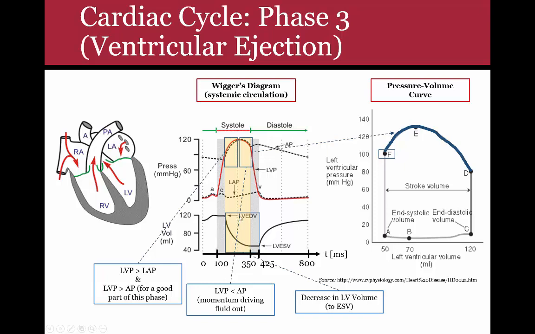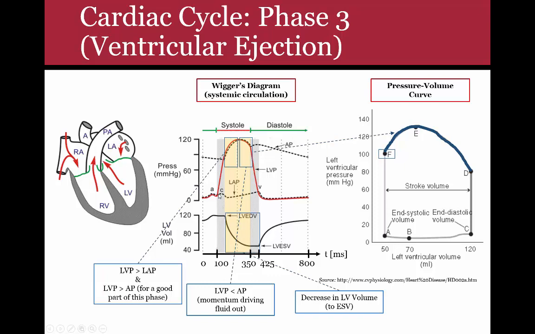And notice how you have this LV-EDV and LV-ESV. This is left ventricular end diastolic volume. This is left ventricular end systolic volume. This is the volume in the ventricle at the end of systole, so once you've fully contracted.